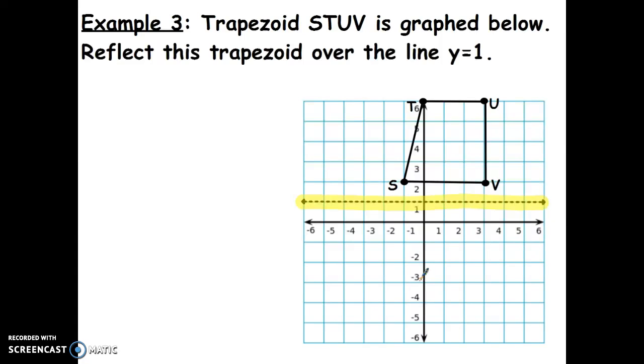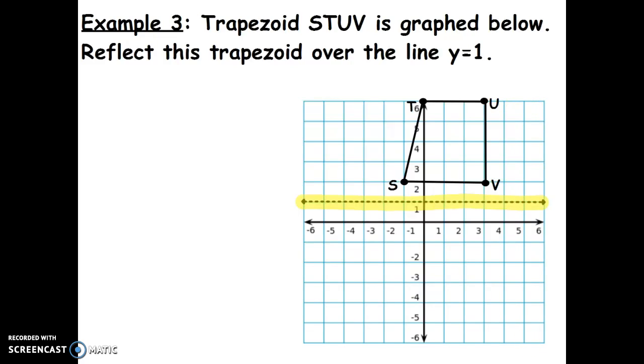For example, y = -4 would be right here. If it says x equals a number, then we go to the x-axis. If we were looking for the line x = 5, that would be right here, and we reflect across that line.